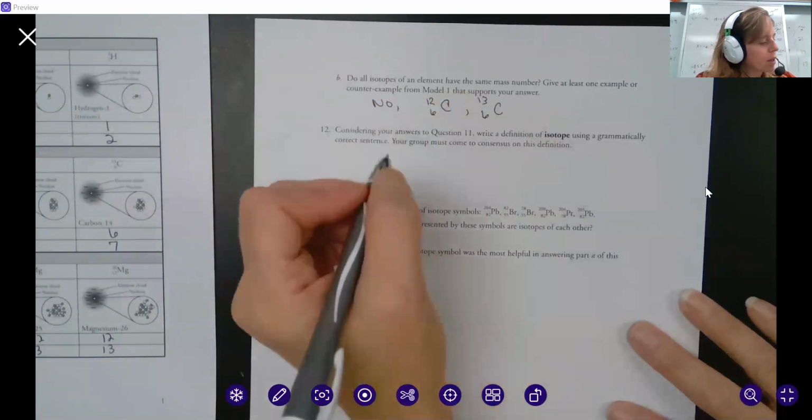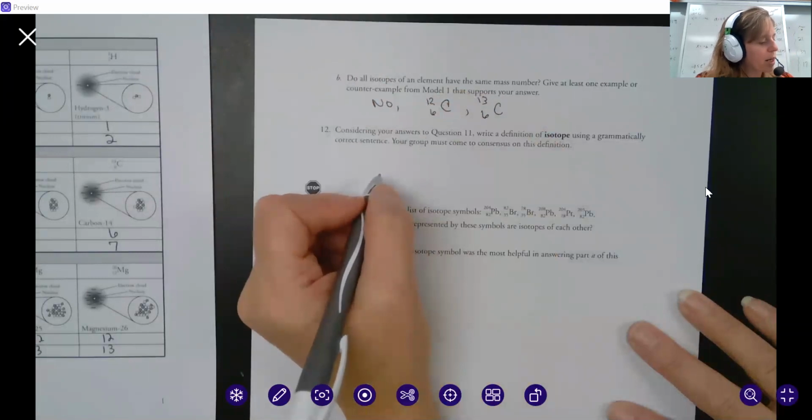Considering your answer to question 11, write a definition of an isotope using a grammatically correct sentence.